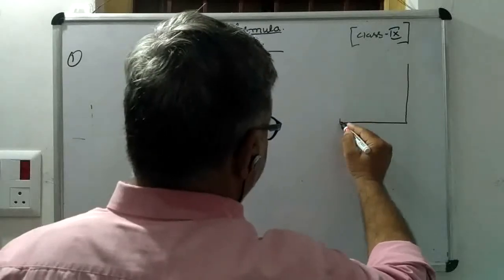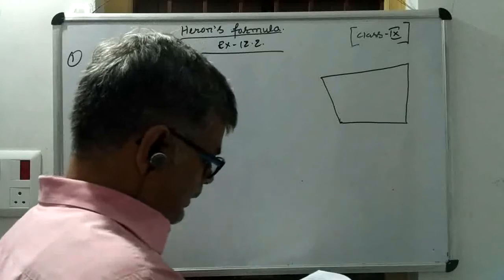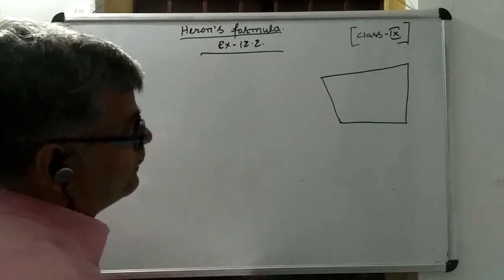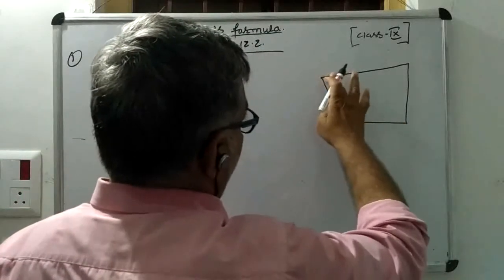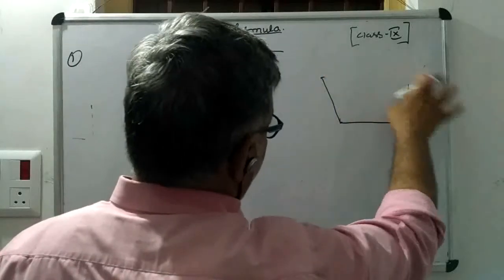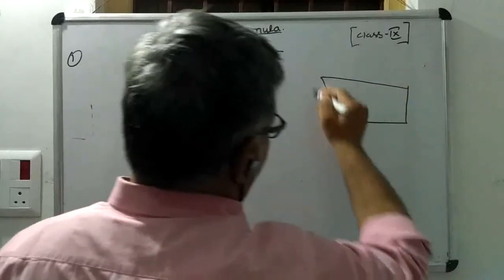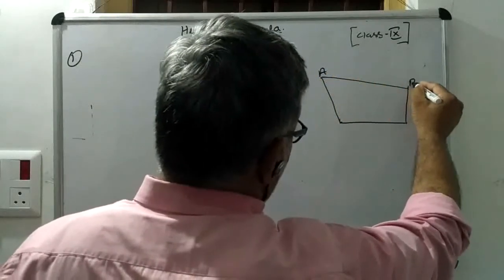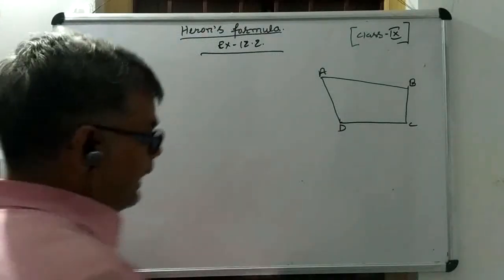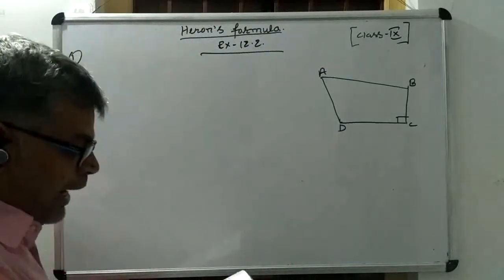Or you may take it in this way. That's why it seems that it is a quadrilateral. Suppose this is your quadrilateral ABCD, where it is given that angle C is 90 degrees.